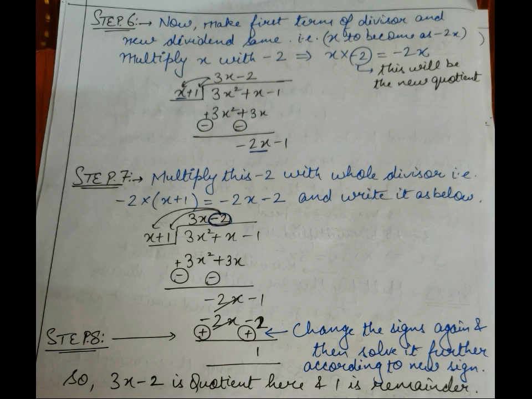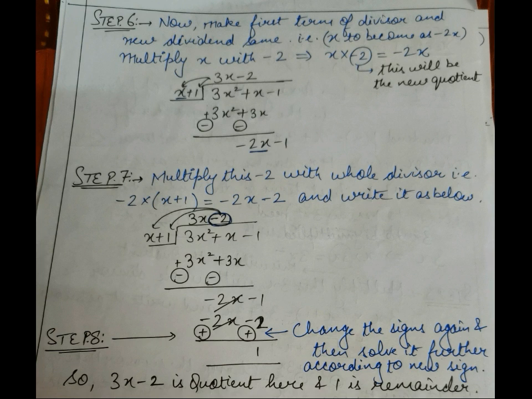Now in the next step, as minus 2 is the new quotient, we'll multiply minus 2 with the whole divisor. So our new terms will be minus 2x minus 2, and we'll write these below the new dividend.